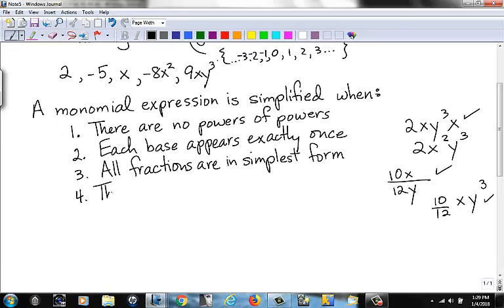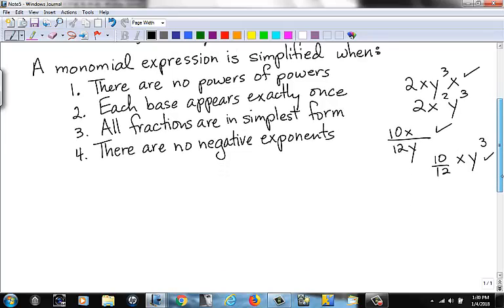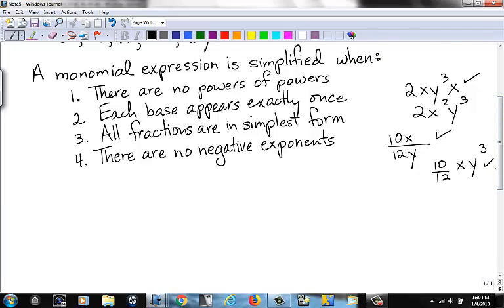And the fourth thing, there are no negative exponents. So you can't have any negative exponents in your monomials. Okay, then we've defined a monomial. The prefix poly means many terms. Poly means many.